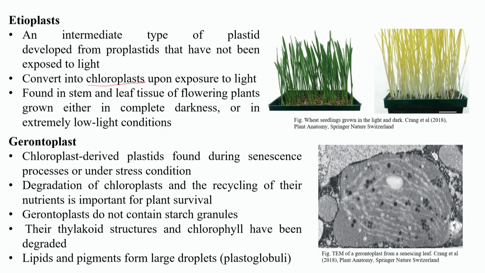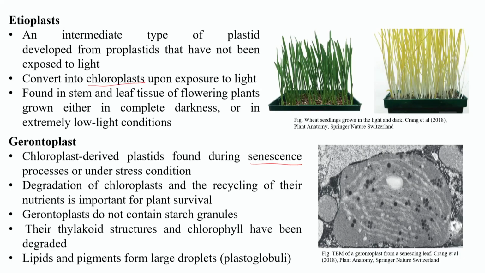This is also a chloroplast derived plastid which is found in senescing leaves, or the leaves which are under stress condition, or the dying leaves. Now what happens when the leaf is dying? The plant degrades the chloroplast, it degrades the cellular components of the leaf and uses them for nutrient recycling for other growing parts.